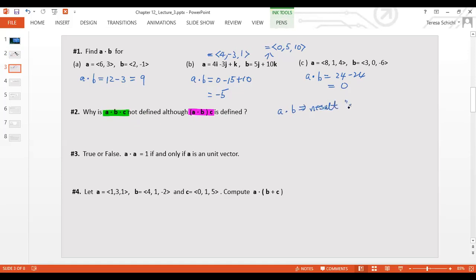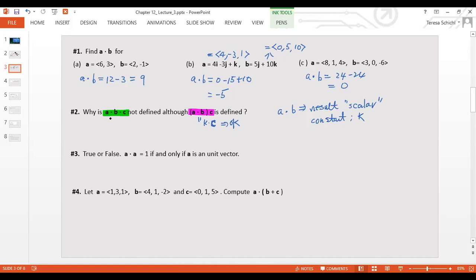This result is a scalar, right? That means a constant. So let's say it's a constant K. Then this one would be K times C. That's fine. So any vector, you can multiply by a constant. So this is okay. That's why we say it's defined here.